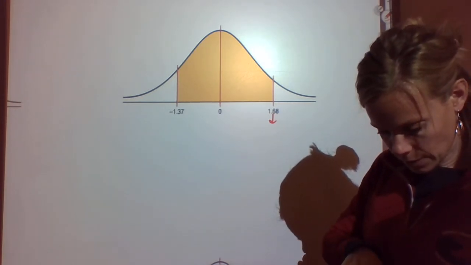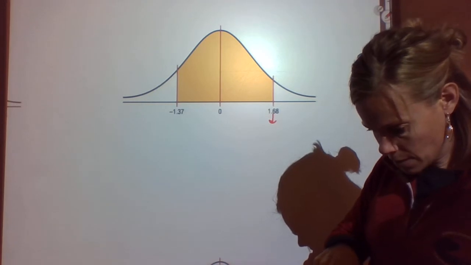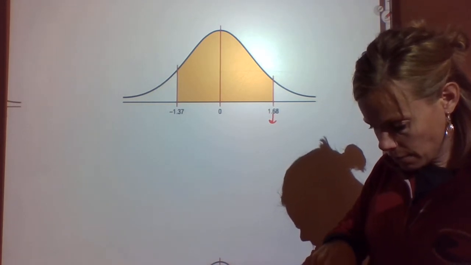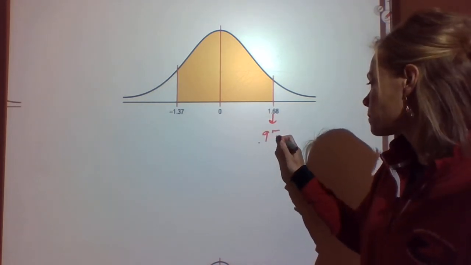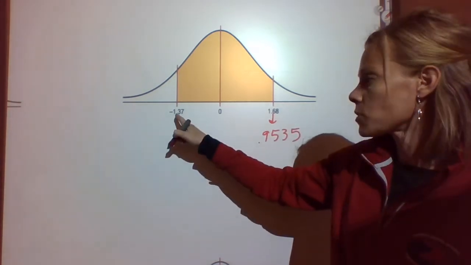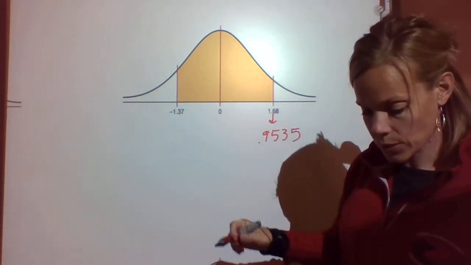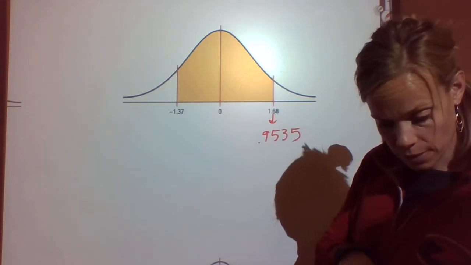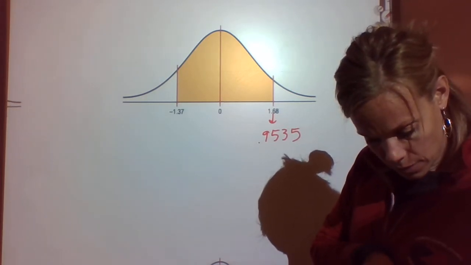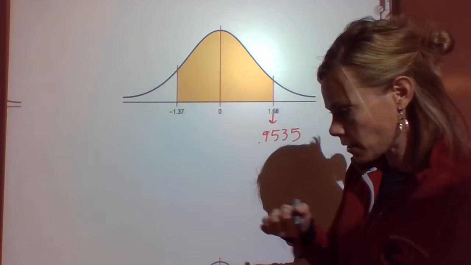So 1.68 is 0.9535. Look up the smaller z-score percent, negative 1.37, 0.0853.